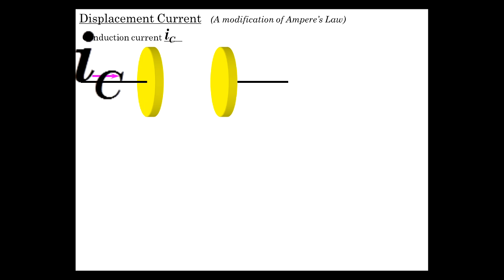Now, conduction current, we'll call that I_C, C for conduction. So we have capacitor plates, and we know that when we have current flowing, this conduction current, actual flow of charge on a wire, that charge builds up on the plate, pushes charge off the other plate, and we have conduction current on the other side of equal value.